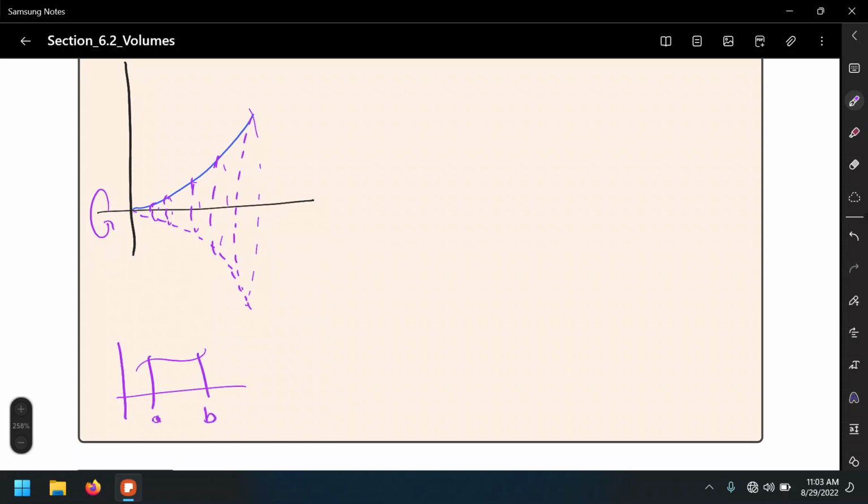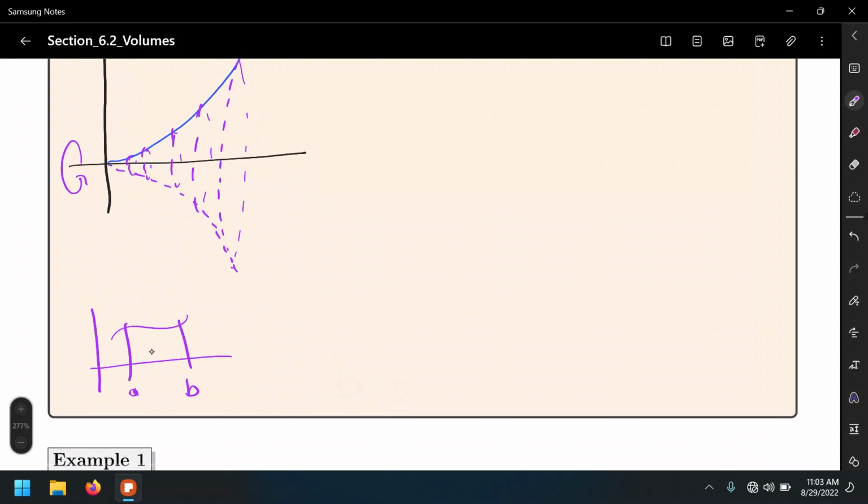The area under the curve from a to b was found initially by partitioning the region of integration into rectangles of the same width. So we have a rectangle, and the idea was to get a rectangle that has a width delta x and a height y in the vertical direction, which typically is our f of x.